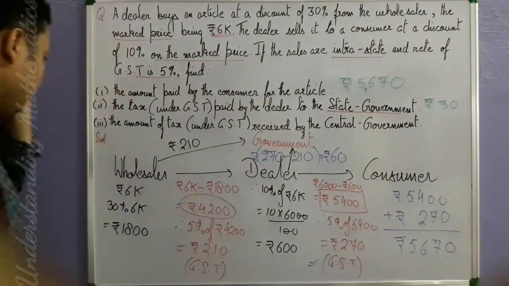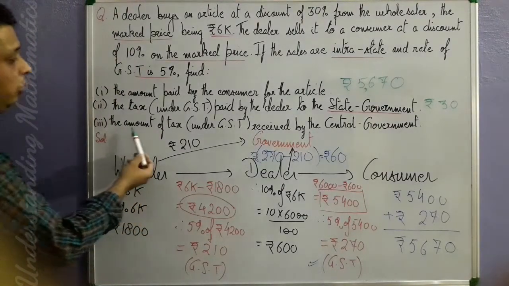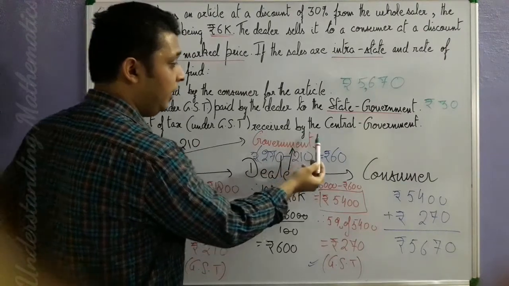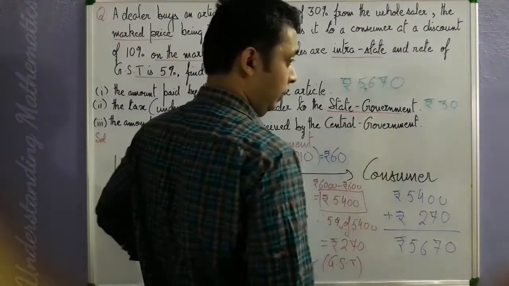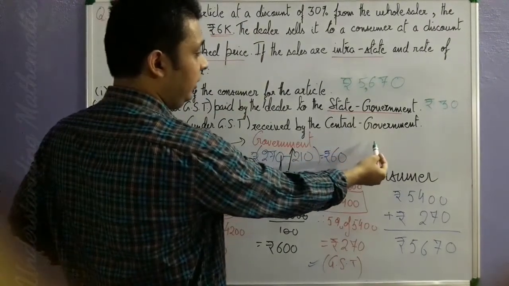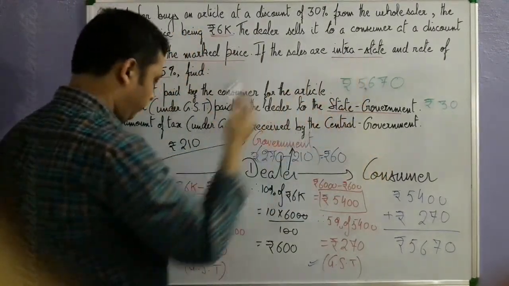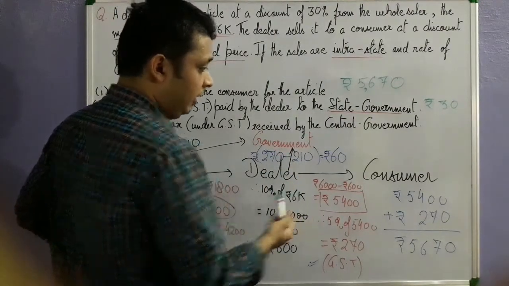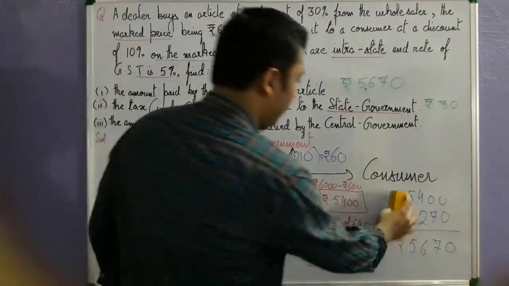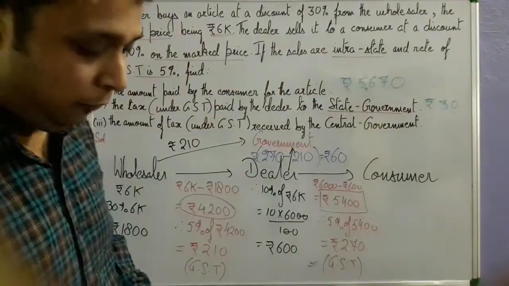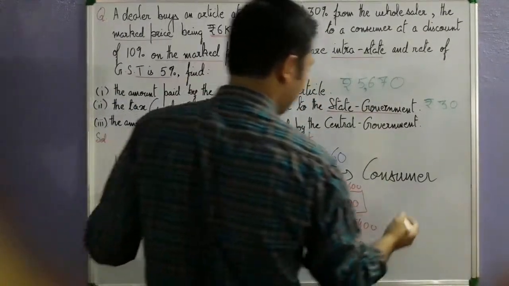Now the last part of the question says, the amount of tax under GST received by the central government. Clear? The central government is receiving tax in this whole question from the wholesaler and also from the dealer. So how much tax is received by the central government from the wholesaler?